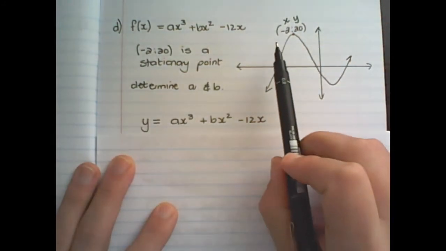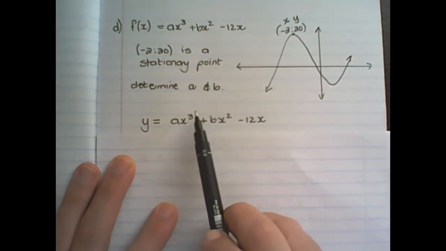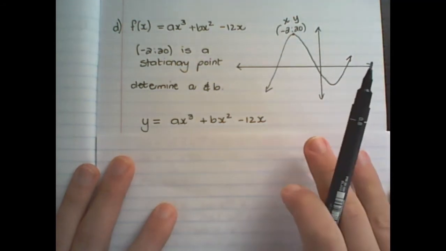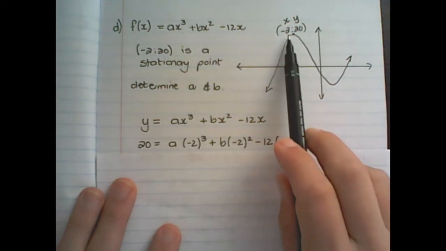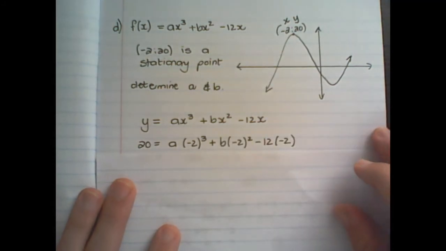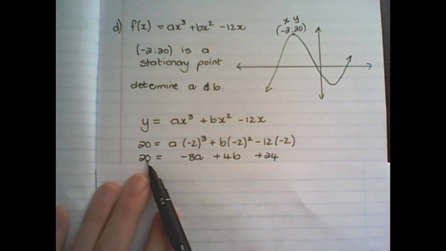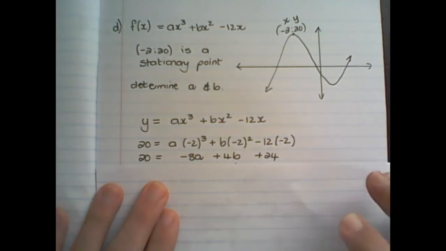The first logical thing to do is to substitute this coordinate into the equation. So y would be replaced with 20 and x would be replaced with -2. When I simplify that, I have 20 equals -8a plus 4b plus 24.